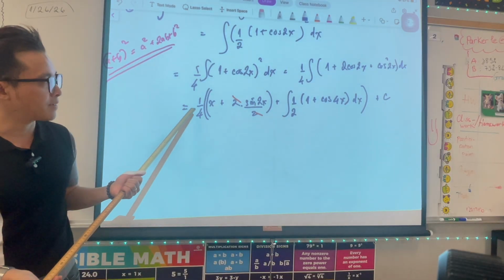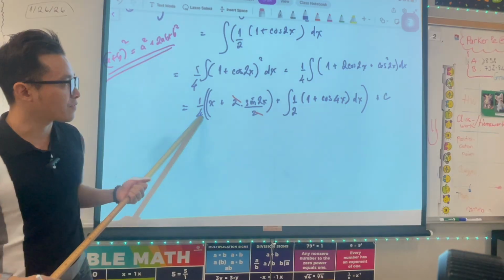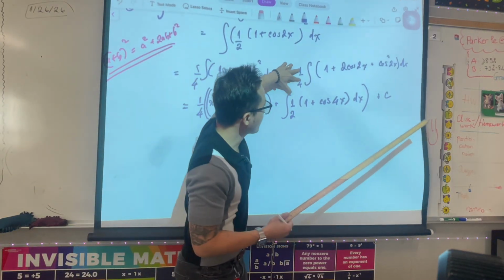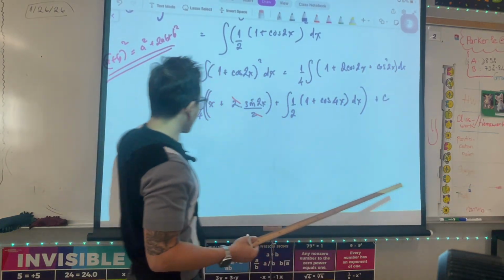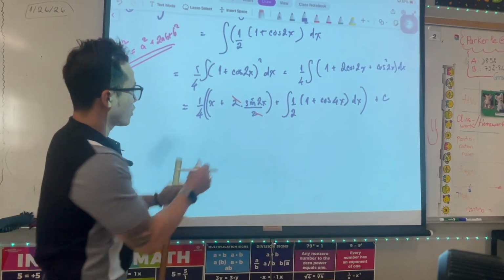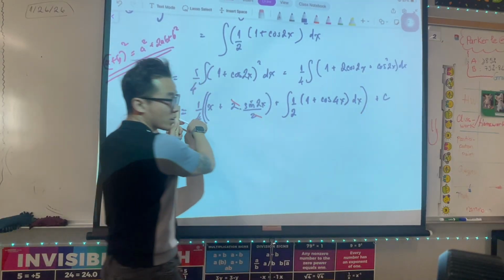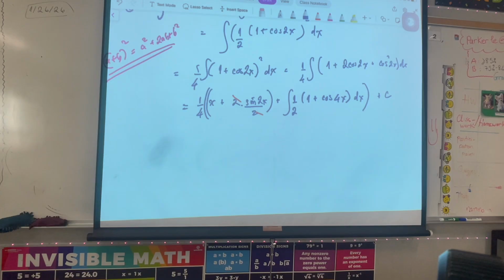It's very tempting and very easy to make a mistake here. You will forget to multiply the 1/4 to this thing because the whole thing gets multiplied by 1/4. That's why I have one parenthesis for this, one parenthesis for this, but one parenthesis for the whole thing with the 1/4.